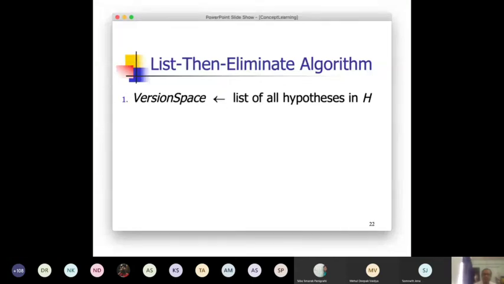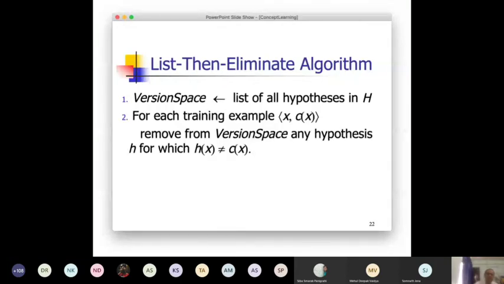So if I consider a list of all possible hypotheses, I will simply check each one of them one by one and find out whether they are satisfying the training examples or not. If they are satisfying, I will include them into the version space, which is the result I want. If any one is not, then I will simply discard it.